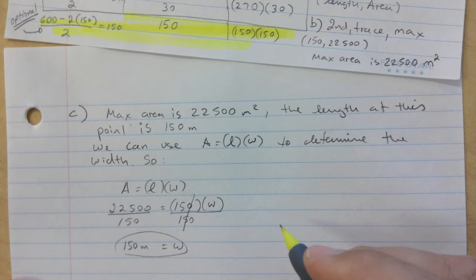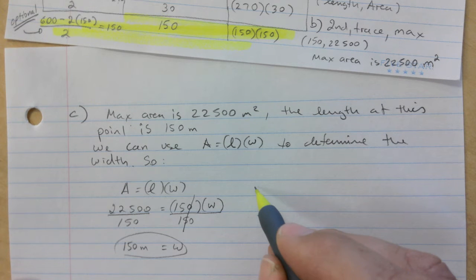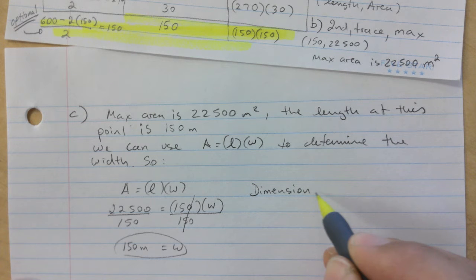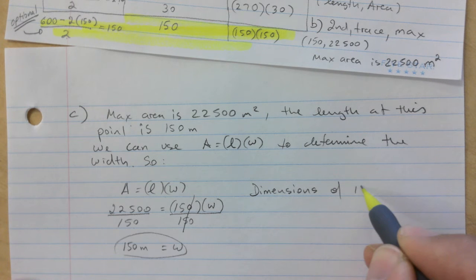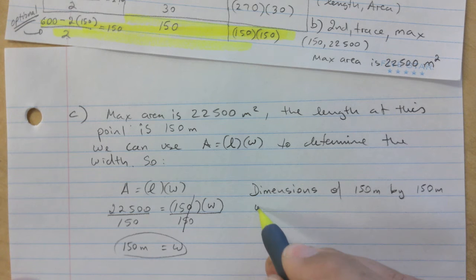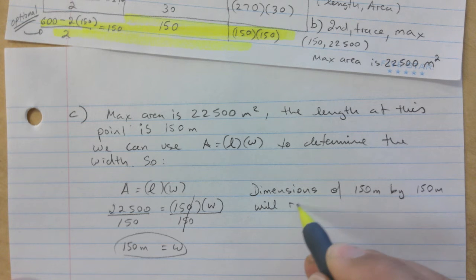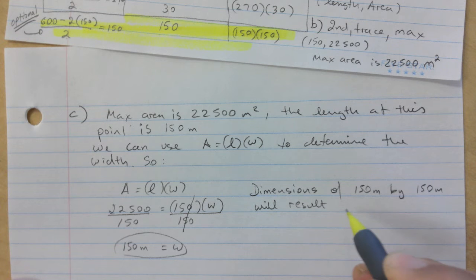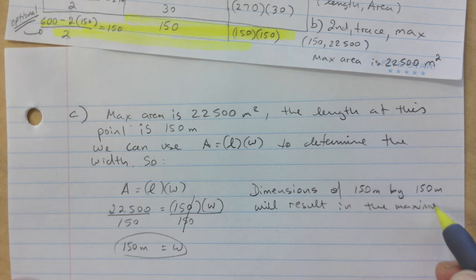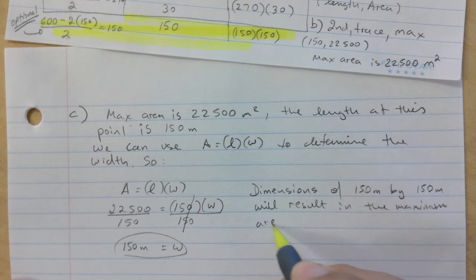So dimensions of 150 meters by 150 meters will result in the maximum area. Dimensions means length and width, okay?